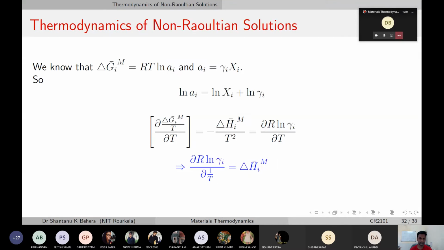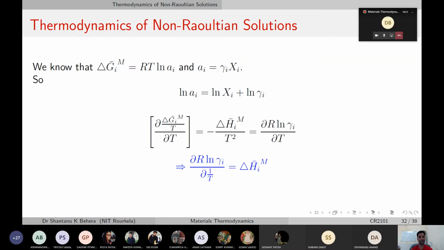Right. Okay. Now let's see, if you'd like to get into the thermodynamics of non-Raoultian solutions, then the normal thing is to figure out what happens when temperature changes and how the solutions behave, right?